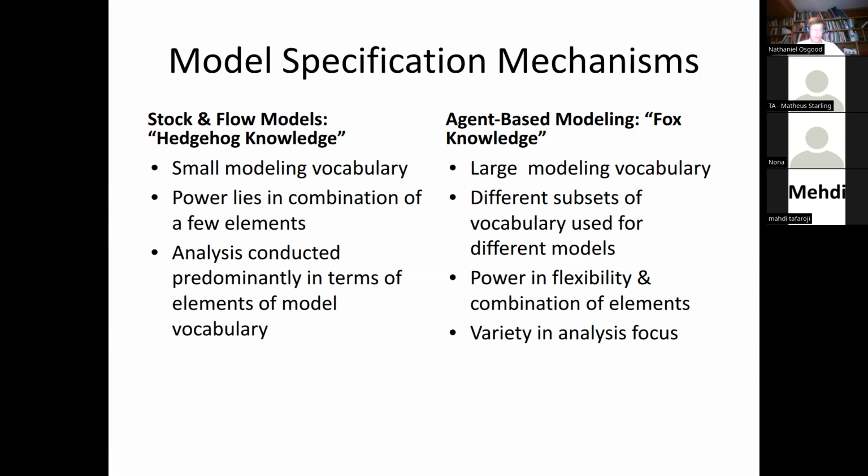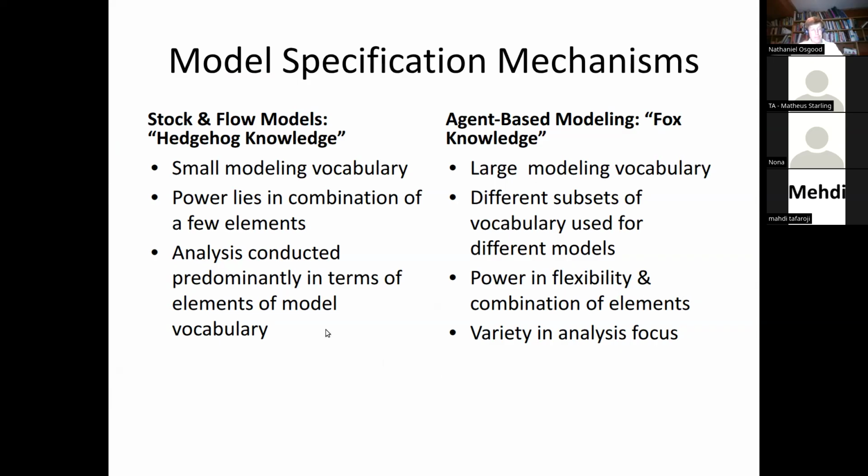That is certainly true. I can tell you through much experience, and students can testify to that. But there's enormous power, enormous insights that can come through proper combination of a few elements. Thoughtfully arranged stock and flow models can deliver incredible insights with a parsimonious attention to what's included.